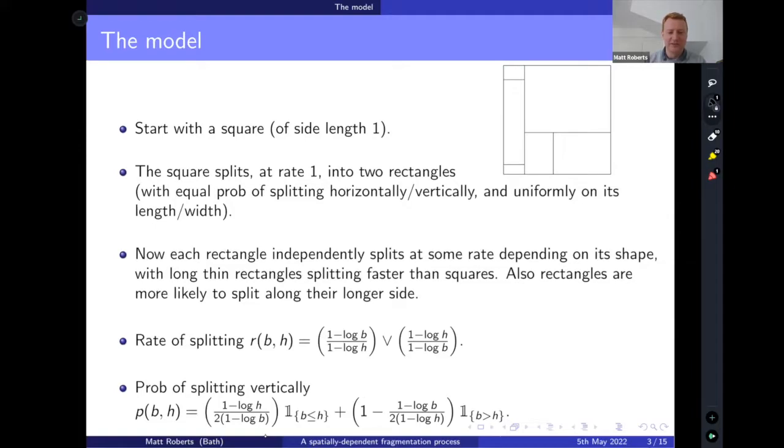It's going to be 1/2 when you've got a square, and so this is the probability of splitting vertically, so it's going to go to 0 as the base goes to 0 for a fixed height. So again, the exact form is not really important, just that there is some probability of splitting vertically and some rate of splitting, and they depend somehow on the ratio between the base and the height.